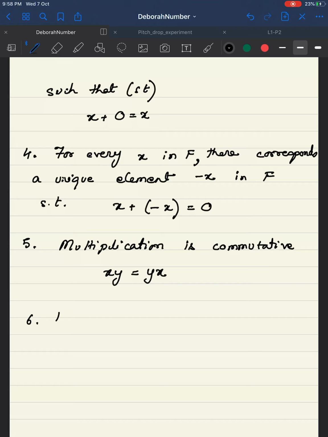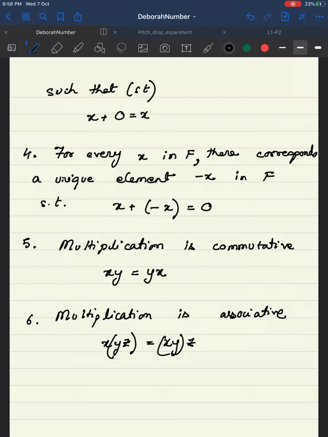And the next rule is multiplication is associative. The order is not important. I can do this first, and again this is valid for all x and y in F.